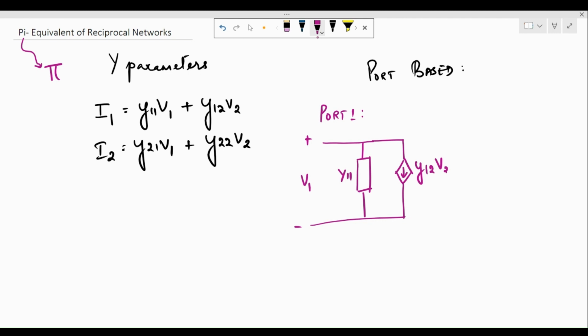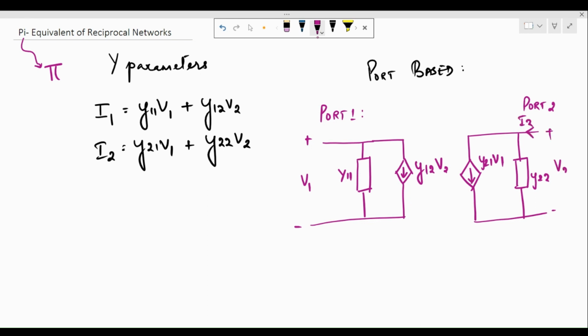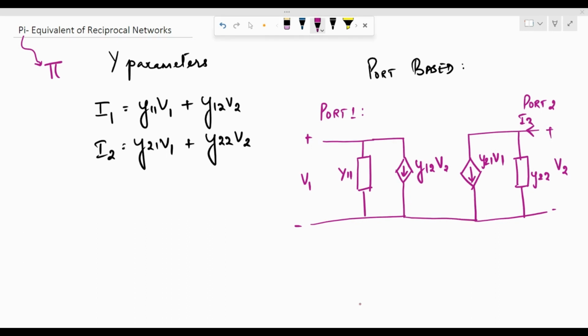And on the port 2 side, we are going to have another current source given by Y21 V1, and we are going to have Y22 in parallel with it. I2 is going to enter this port, V2 is going to be the voltage across this, and these two ports are connected in this manner. So this is the port based representation in terms of the Y parameter.